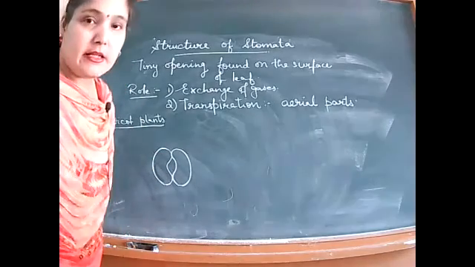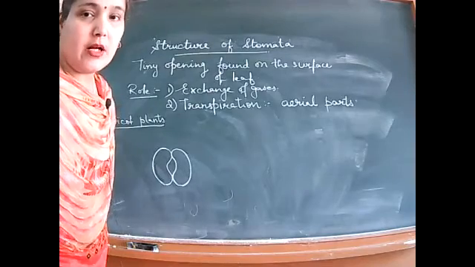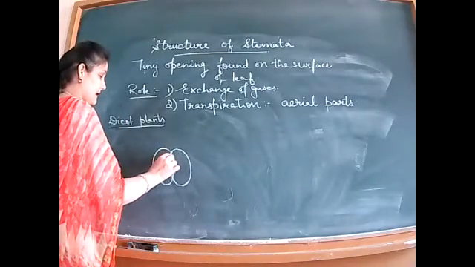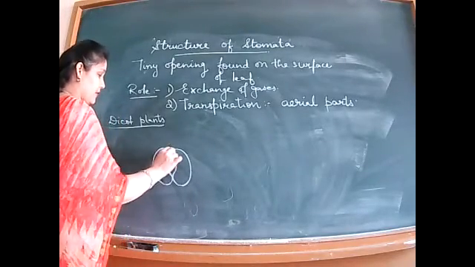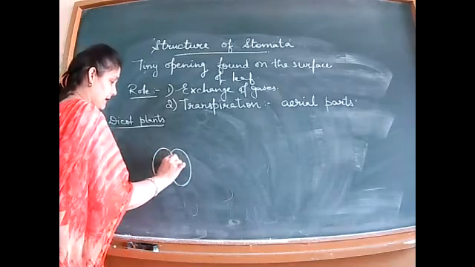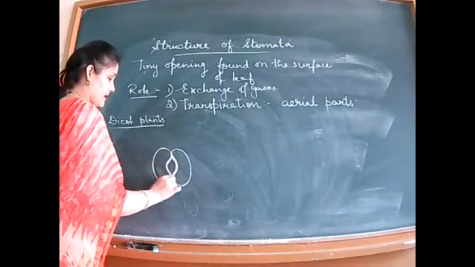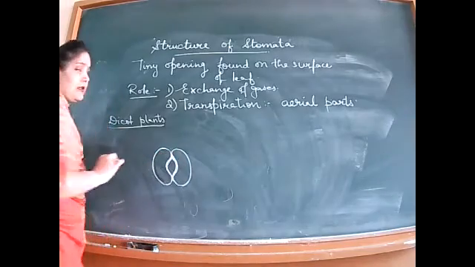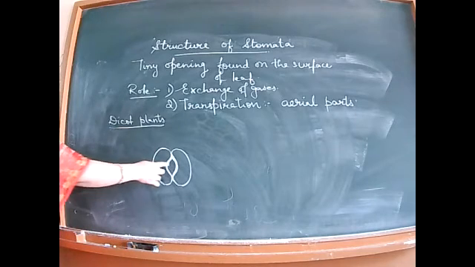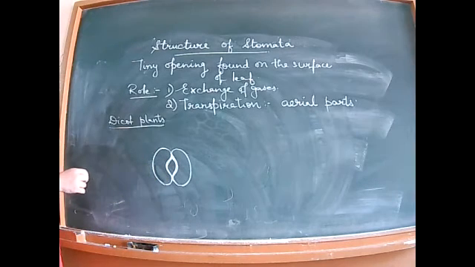Here you will be making the inner layer thick and the outer thinner. You have to make the inner layer thicker, which surrounds the stomatal aperture. This is called the stomatal aperture.